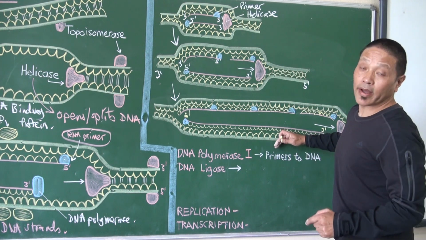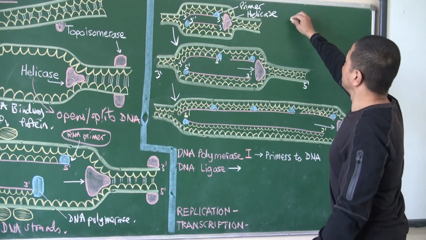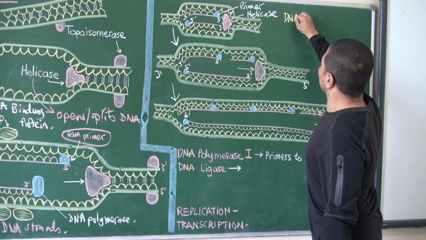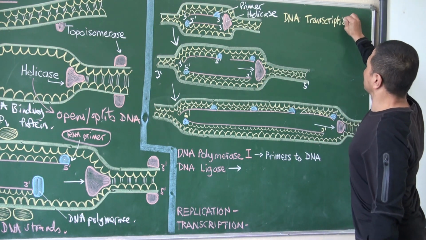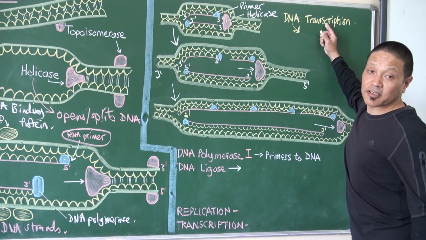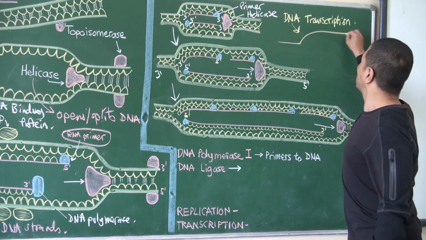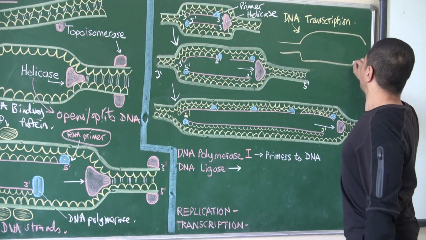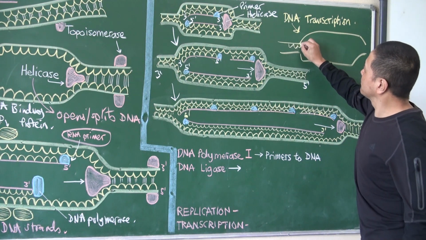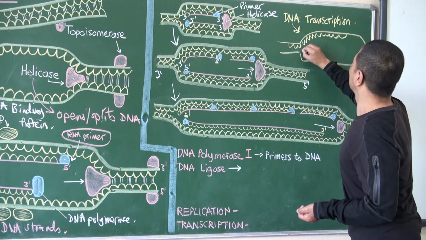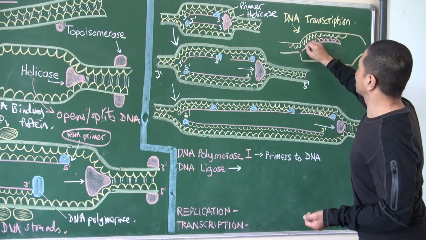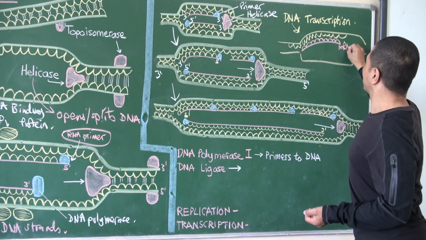This is the reason why we find, during DNA transcription, and let me take you back to transcription, where we found that only one strand is copied. One strand is copied and the other one is not copied at all. This is mRNA.